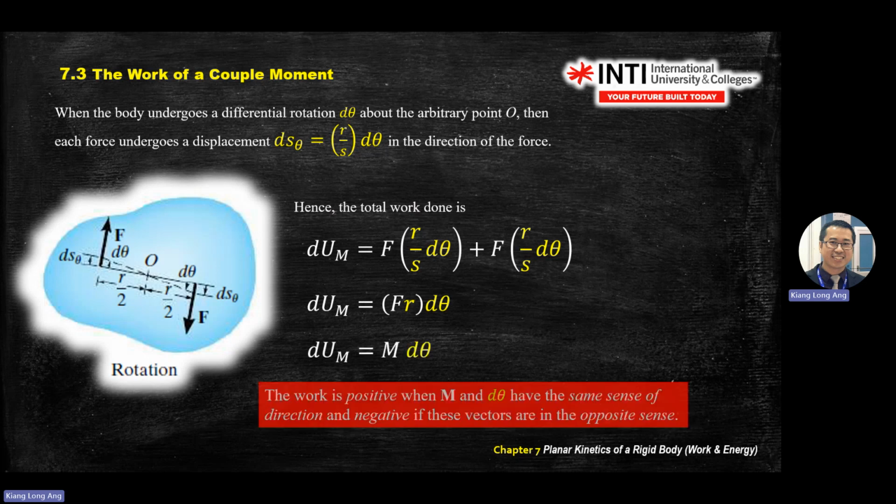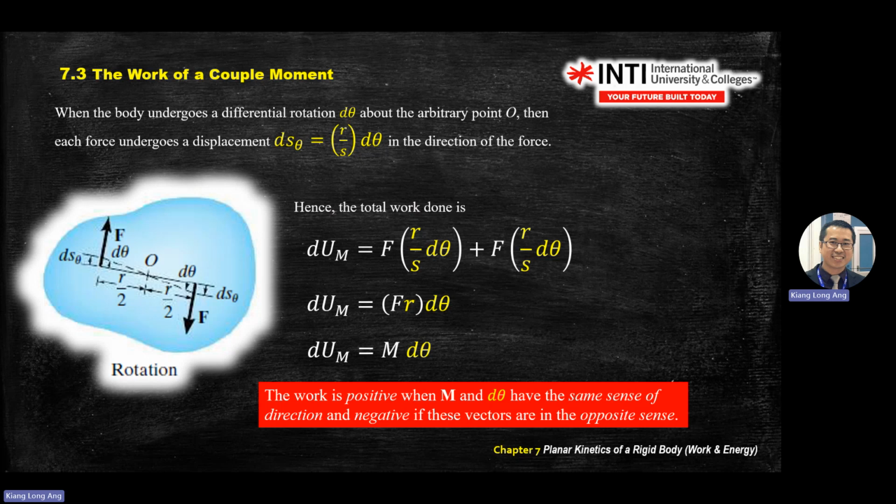Work done: you need to add one more, because the moment term will be M d theta. Meaning you look at the moment and the angle that it turns. You take the moment, multiply by the angle it turns, and it will give you work.